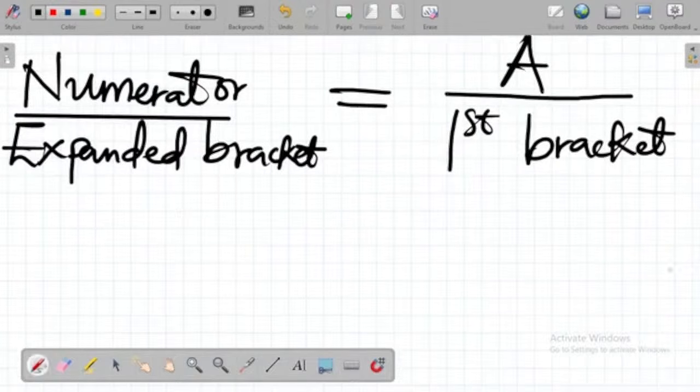So now let's substitute into this. The numerator from the question is 10.